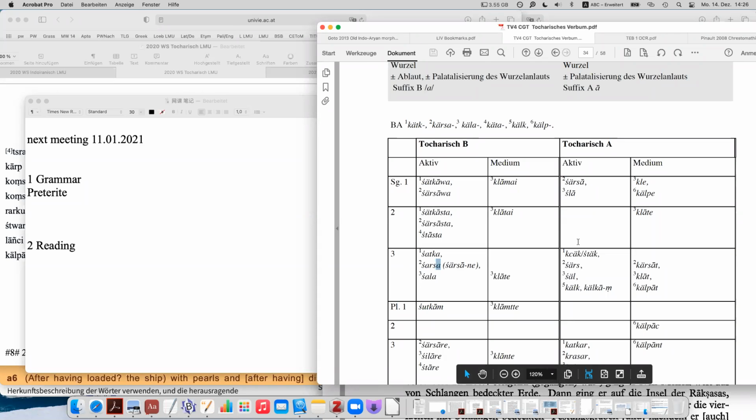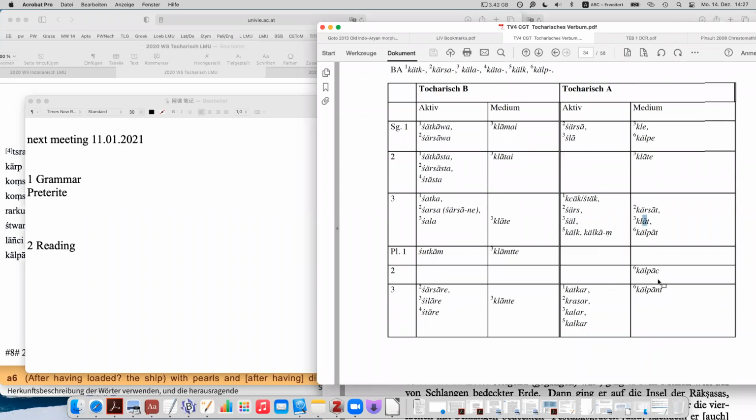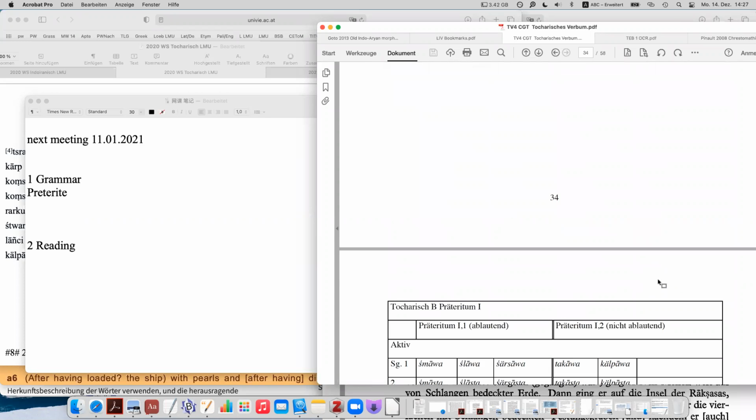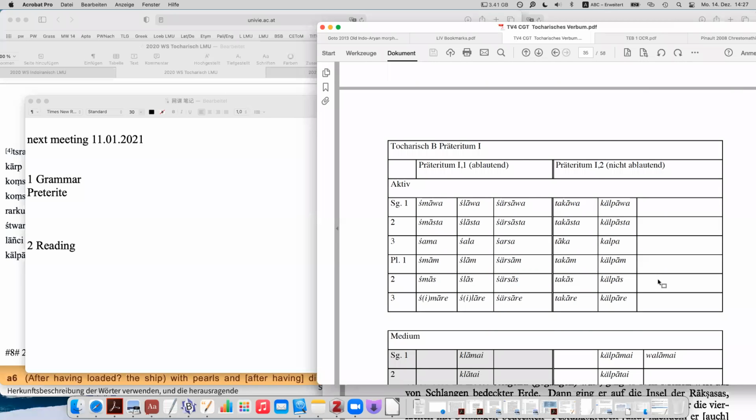So it's pretty simple. You just have a suffix A and then you have palatalization. In the active, but in the middle it's not palatalized. You can see shada but klate. So sh but kl. The suffix is A. So this is the first class called the A preterite.